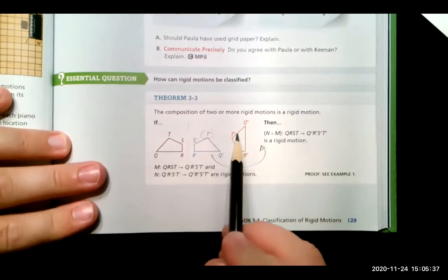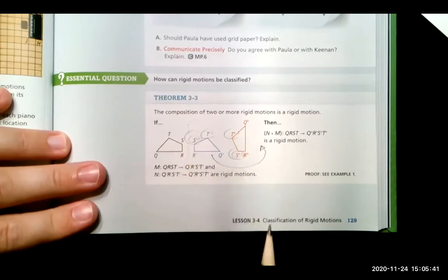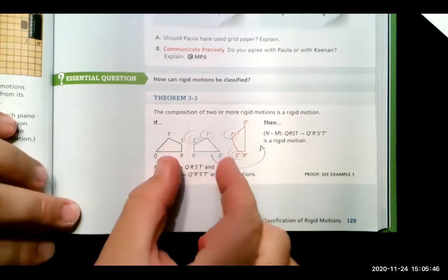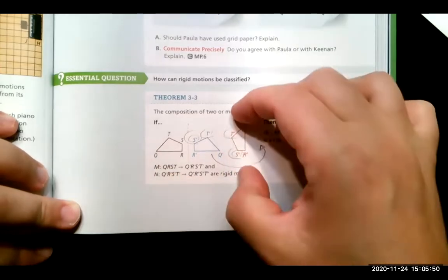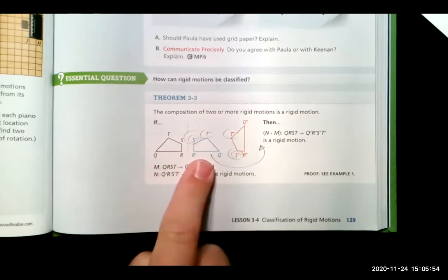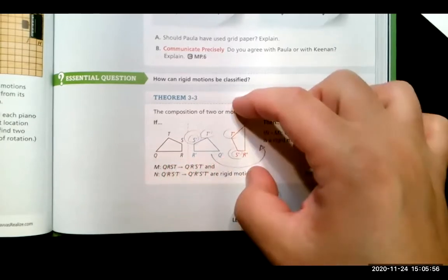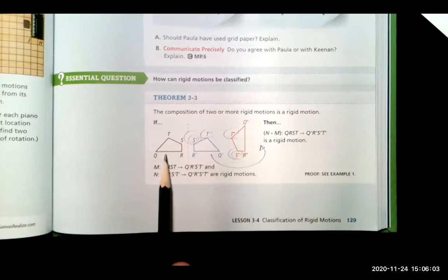So there's T prime, here's S prime, there's S double prime. So they took this shape and rotated it basically 90 degrees counterclockwise. Both of those transformations, the reflection and then that rotation of 90 degrees counterclockwise, are rigid motions. So going from the pre-image to the second image, that is just an overall rigid motion.